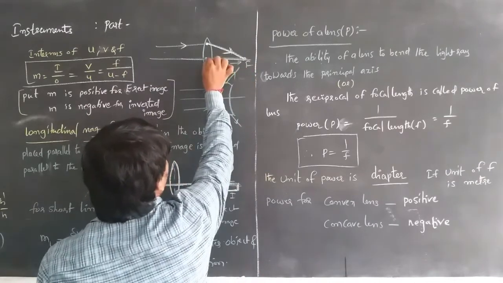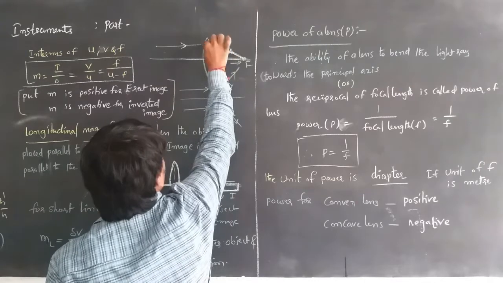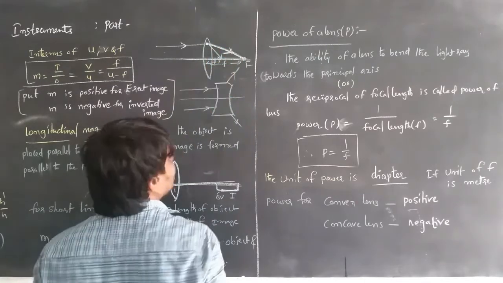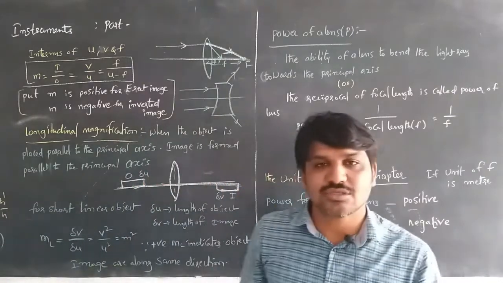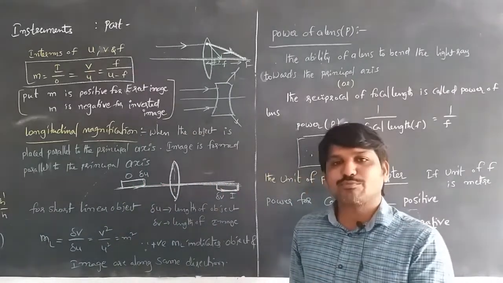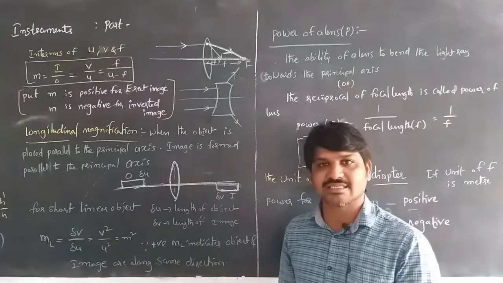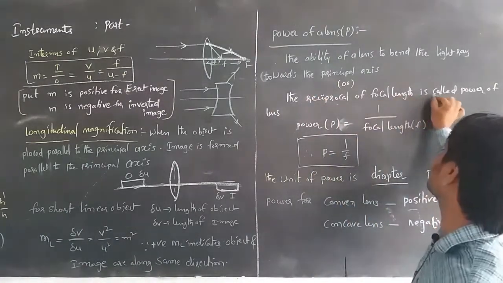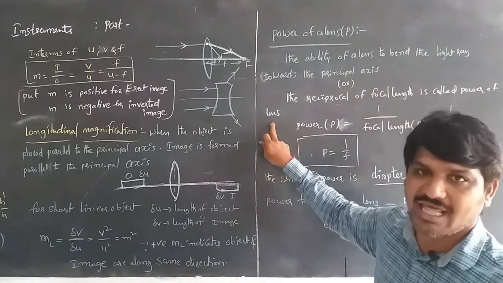If the lens has more ability, it will bend the light nearer to the center, so the focal length will be less. That's why the reciprocal of focal length is called the power of a lens.